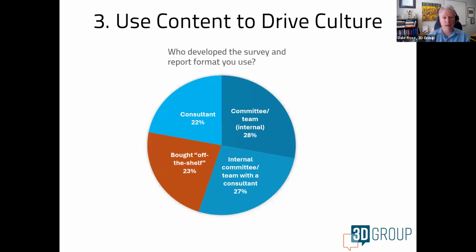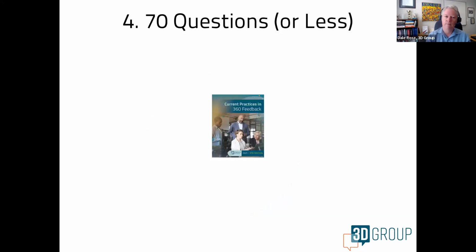All right, so when you're building that content out, how big of a survey should it be? Back in the 90s, the PDI, I think, used to have surveys that were like 135 items, 22 competencies. Not so much anymore. So really our advice is 70 questions or less. 70 questions, well written, can be completed in about 6 to 8 minutes, including a little bit of time for open-ended comments.